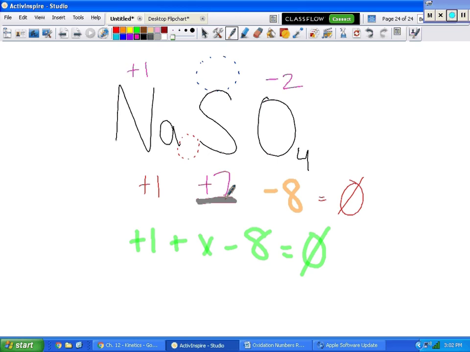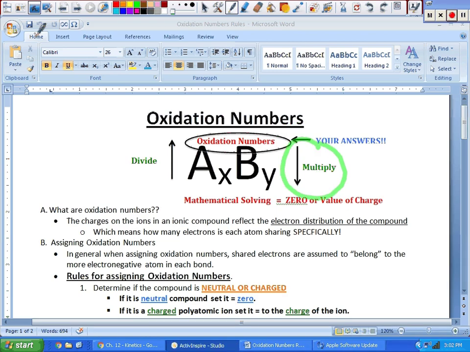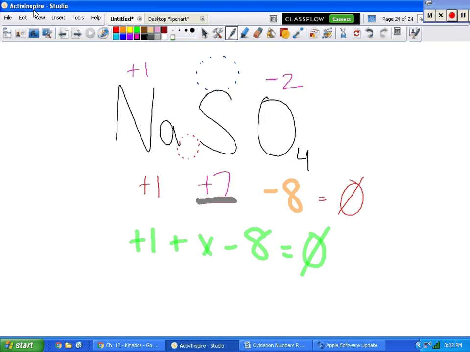No, let me go back one more time to this other sheet. When we go up, what do? Divide. But very simple. Hang on one second. What's sitting right there? A 1. Well, what is 7 divided by 1? 7.